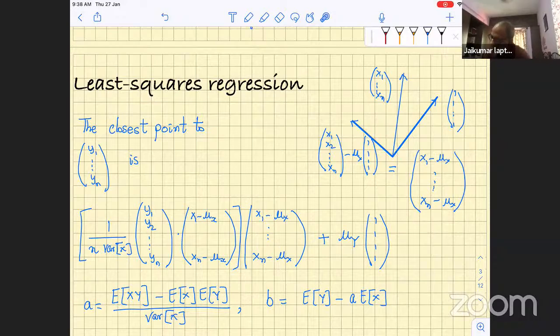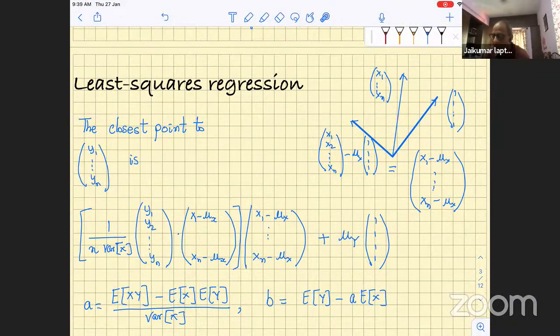And then you are given this point y somewhere, and you project it onto these two. The point is not necessarily on this two-dimensional plane. The point is somewhere in the n-dimensional space. You project it onto these two and take their sum, and you will get some point here.